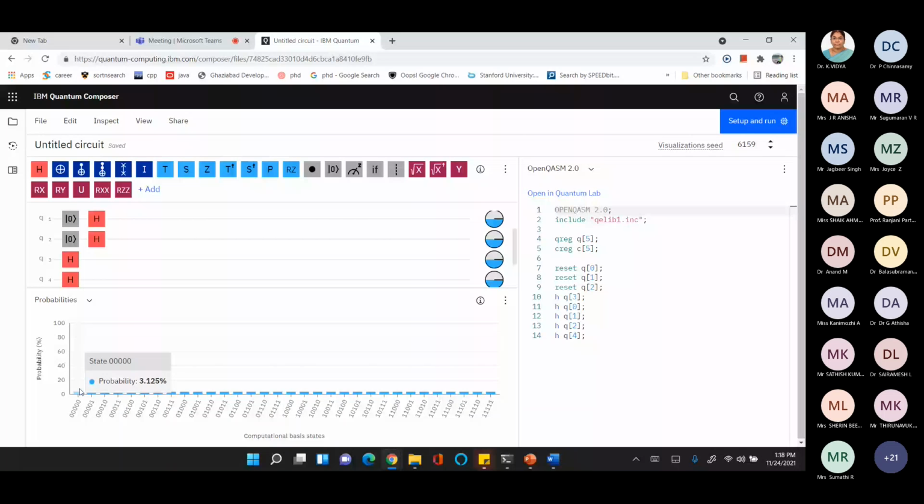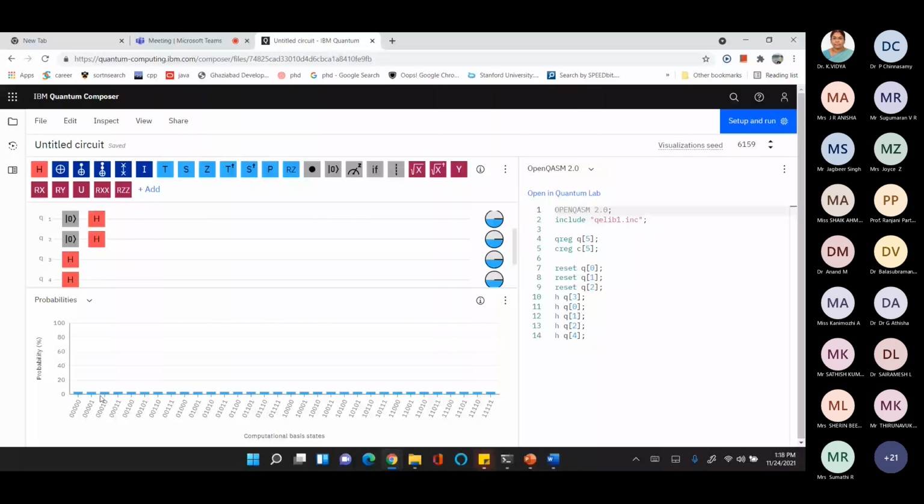So I am having all possible basis states, from all 5 zeros to all 5 ones. How many states will be there? There will be 2 to the power 5, that is 32 states. So using 5 qubits, I am able to have 32 amplitudes with me.